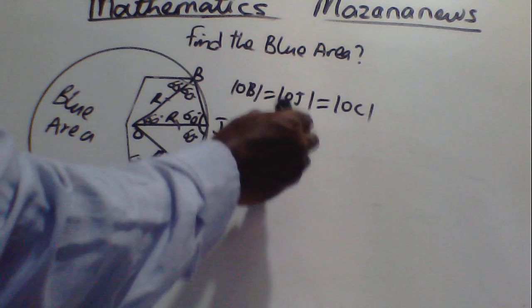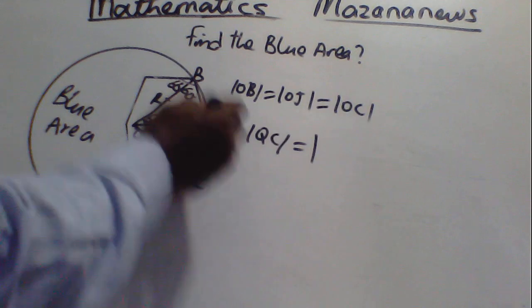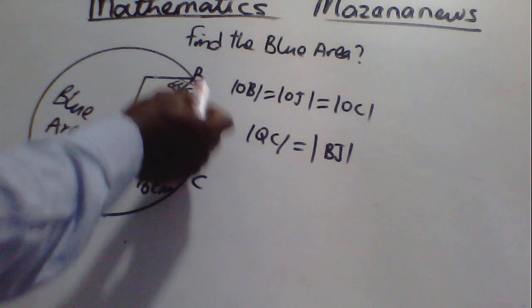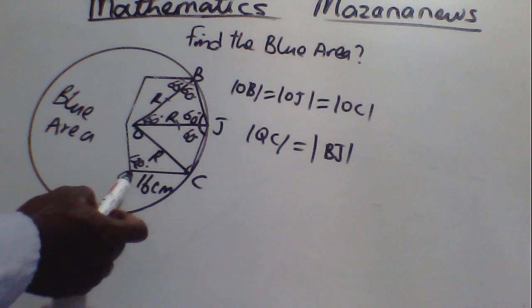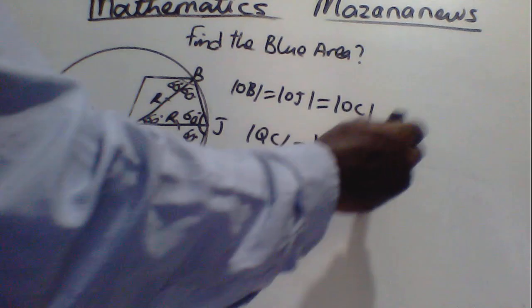Notice that QC is equal to what? It is equal to BJ, because they are the sides of the regular hexagon. QC is equal to BJ is equal to CJ.